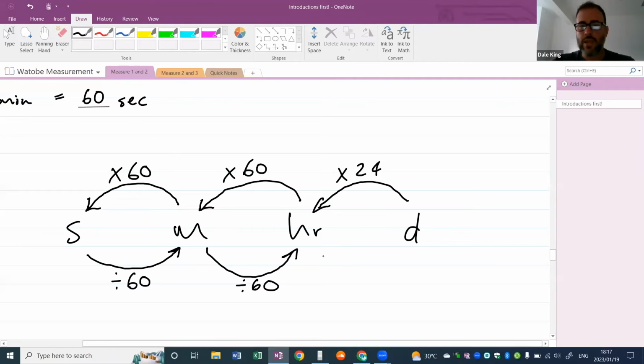But from hours to days, to go up to days from hours, we're going to divide by 24. So we can see here that when we go up to a bigger unit, we must divide. And if we go down from a bigger unit to a smaller one, we need to times. Okay, so these are our units of scale for time. And we're going to work with these units of scale in the questions that come.